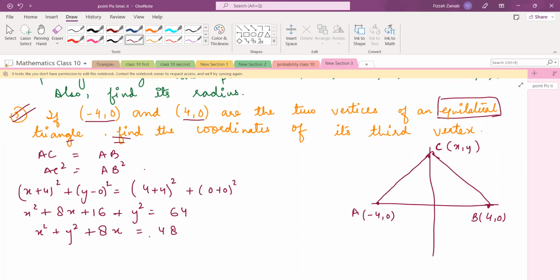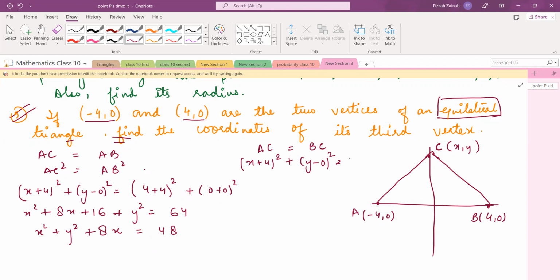So I think I should equate AC with BC. Let us see what I get if I equate AC with BC. So ultimately AC will be this again, (x plus 4) whole square plus (y minus 0) whole square.